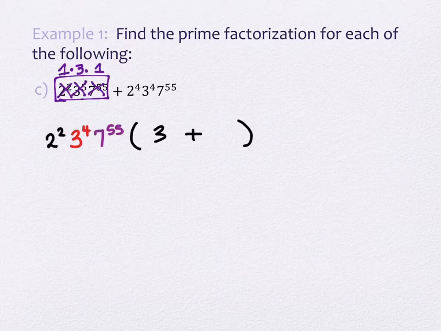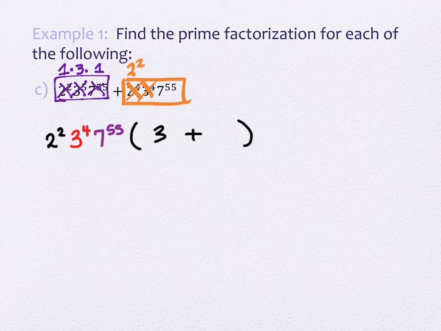Now we're going to do the same thing over here. I have 2 to the 4th, and I pulled out 2 squared. So how many 2s am I left with? I'm left with 2, so I'm left here with 2 squared. I had 3 to the 4th, and I pulled out 3 to the 4th.